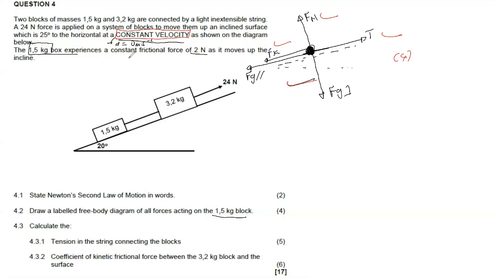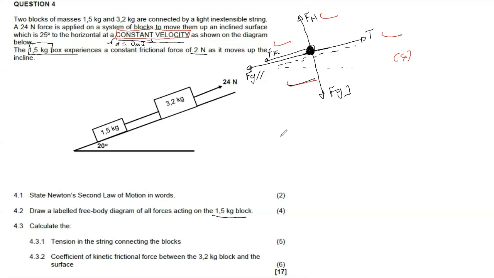Remember, it only becomes a simultaneous type question if we don't have the magnitude of the acceleration and also we don't have the magnitude of the tension. But here, because we do have the magnitude of the acceleration, we cannot be applying our simultaneous equations here. We need to work using the 1.5 kg block as drawn here.